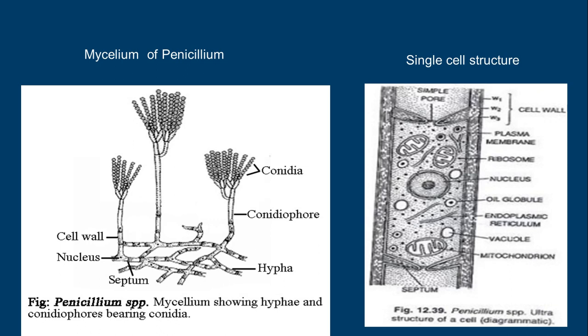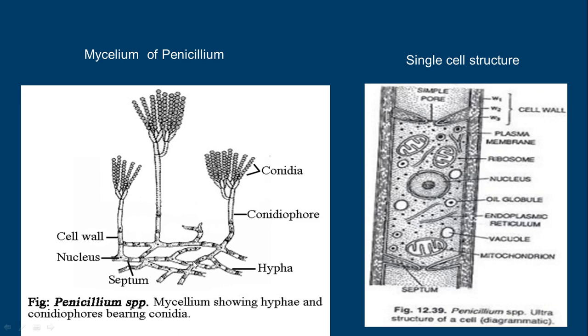Now, you know that fungi do not have any pigments, so they depend upon others for the absorption of their nutrition. That is, they have a heterotrophic mode of nutrition. Whatever food they absorb is stored as a reserve food material, and this reserve food material is oil globule.